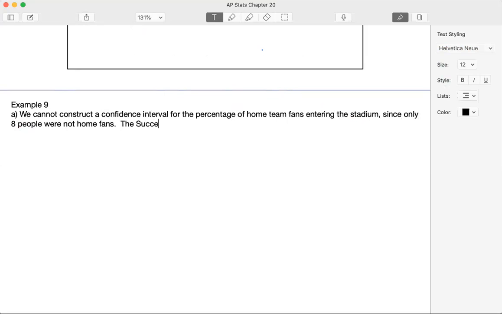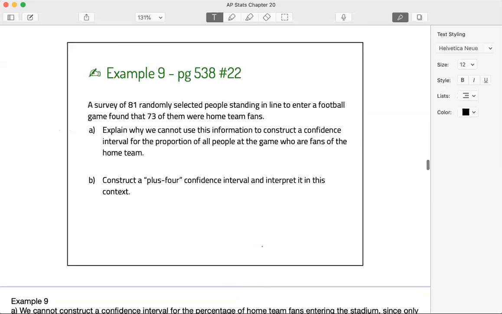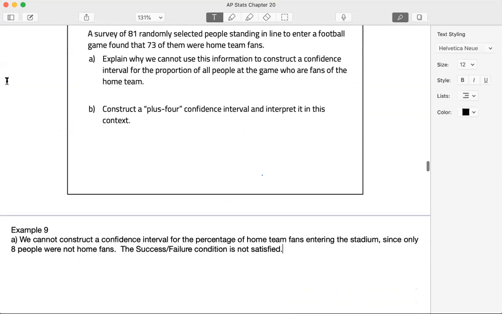The success failure condition is not satisfied. I basically found that by taking 81 and subtracting 73, and that is how I got 8.